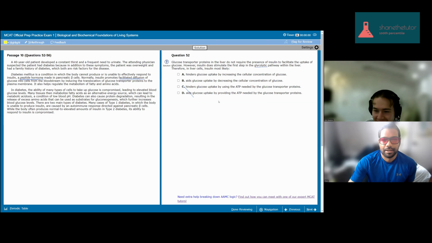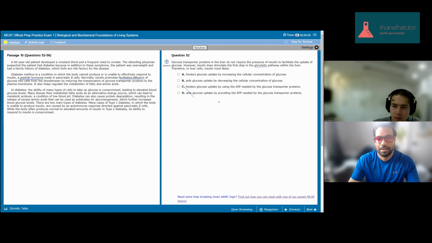Okay, yeah, I mean, it's B, but how does that aid glucose uptake? Because they say it doesn't require insulin to take up glucose, but it does facilitate the uptake of glucose.